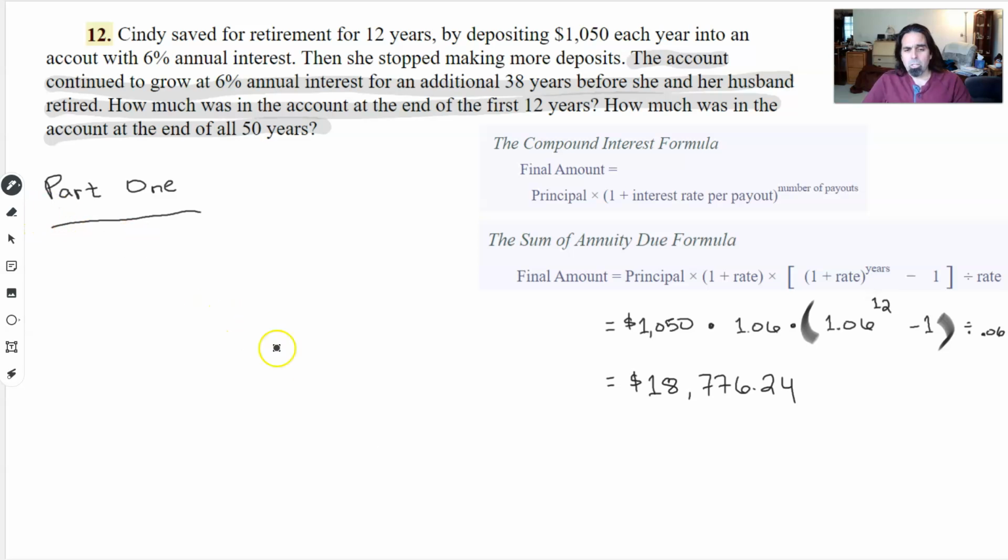The question doesn't ask us how much interest she earned, but let's do that. I am curious. So her deposits were 1,050, 12 times for the 12 years. So 12,600.